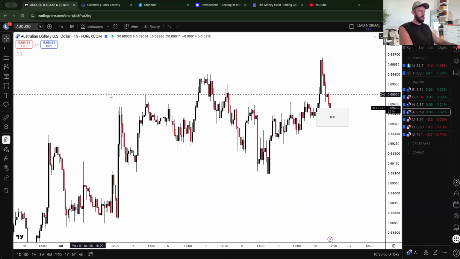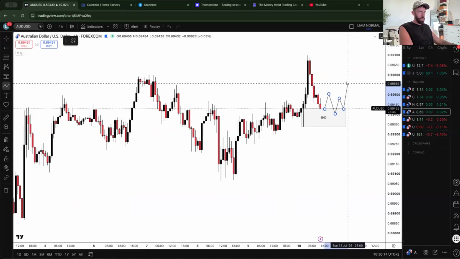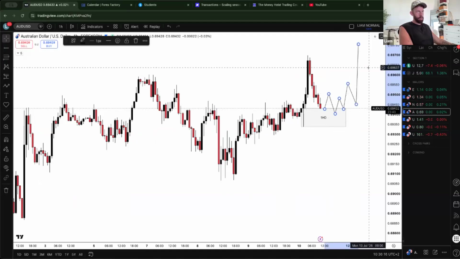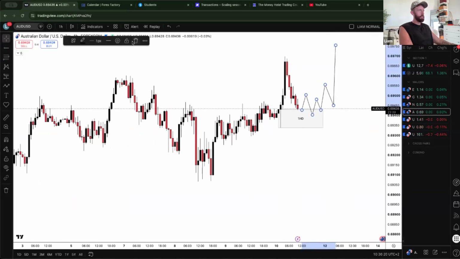That is what I'd be keeping my eye on for AUD USD, seeing some sort of shift and then looking to potentially participate if it aligns with the US dollar.